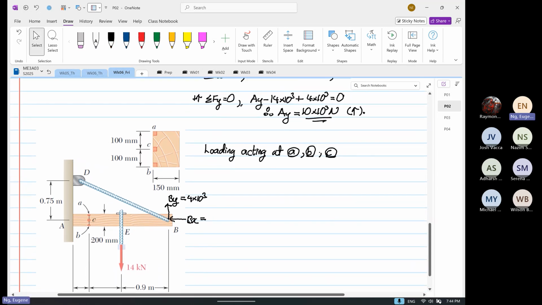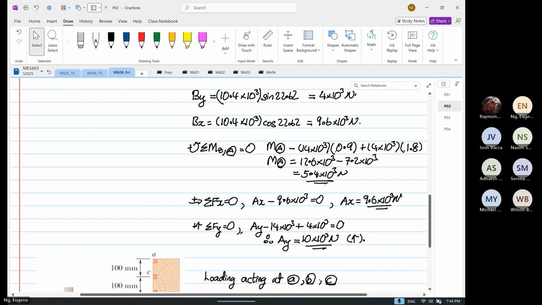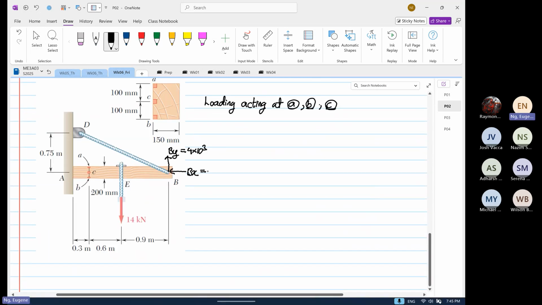And our BX is 9.6 times 10 to the power 3. Okay. So we want to find out what is going on at A, B, and C. To do that, we know that at A, B, and C, BX is still equal to 9.6 times 10 to the power 3 Newton.